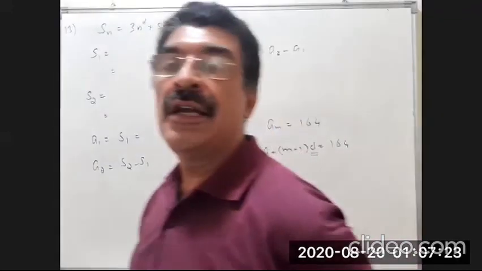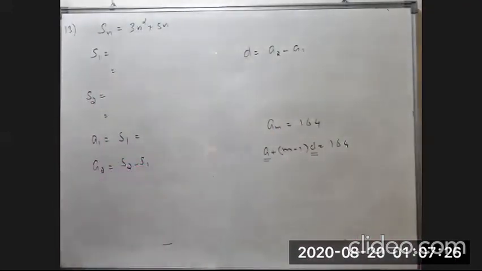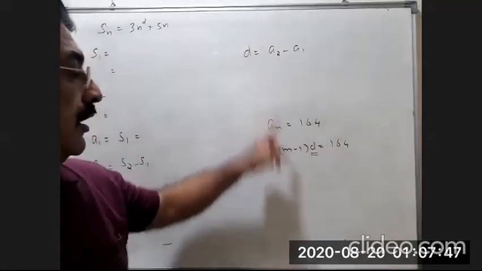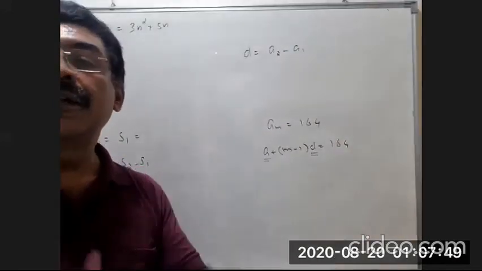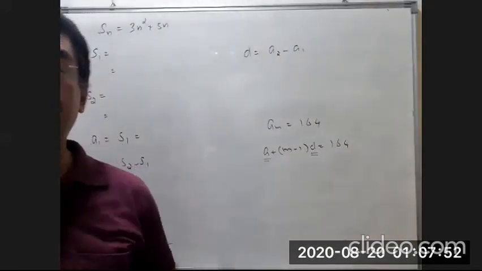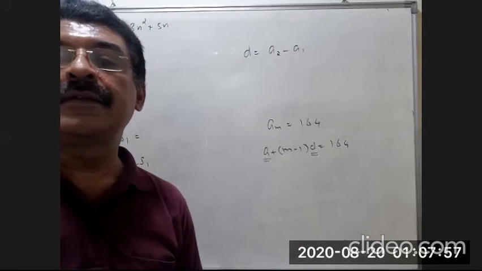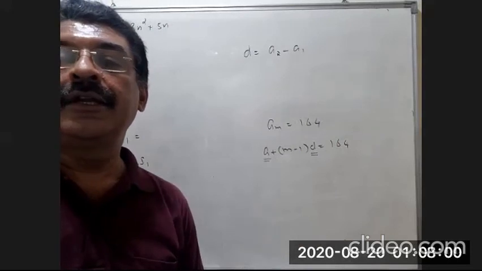A is 8, D is 6. Yes, correct. A is 8, D is 6. Then put the value of A and D here. Right, Irfan, you are right. The value of M is right. One of you got the correct answer. Amar, you are halfway through.